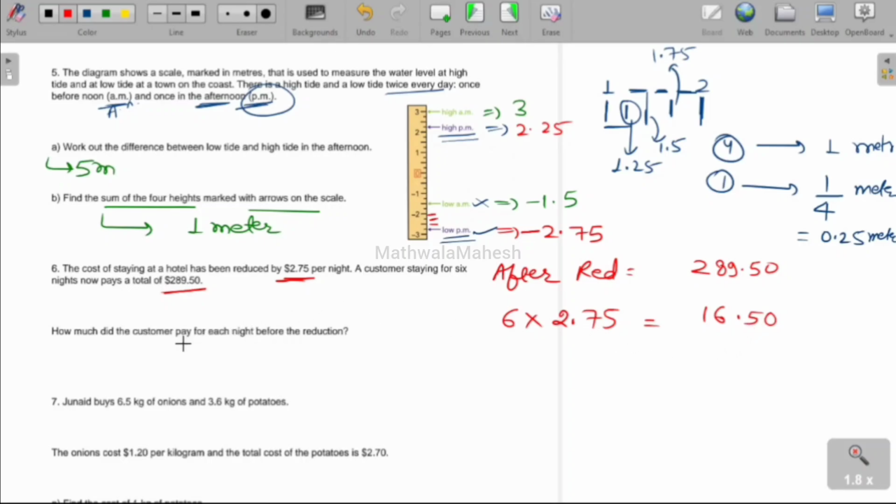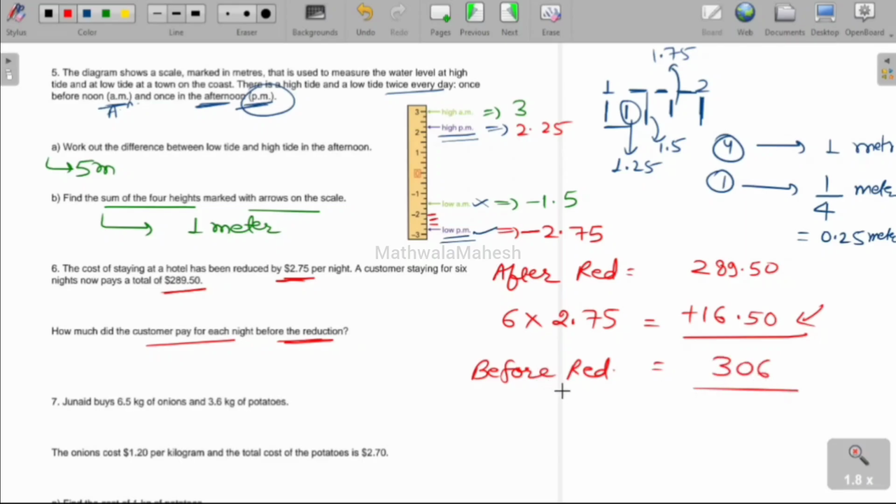Now, how much did the customer pay for each night before the reduction? Because this price is the reduced price, before reduction we will add this price. So we will add both: this is 290 plus 16, 306.